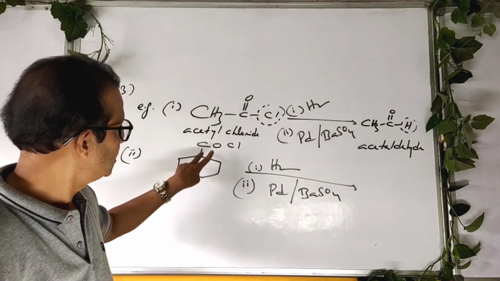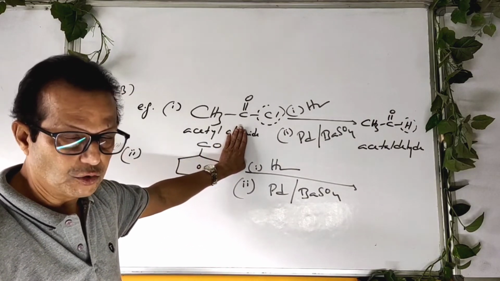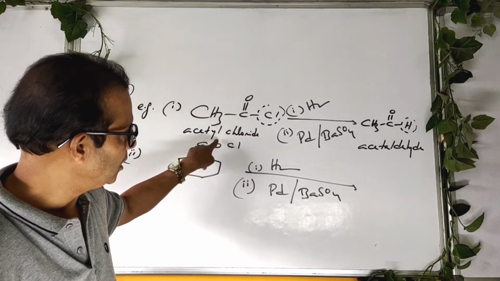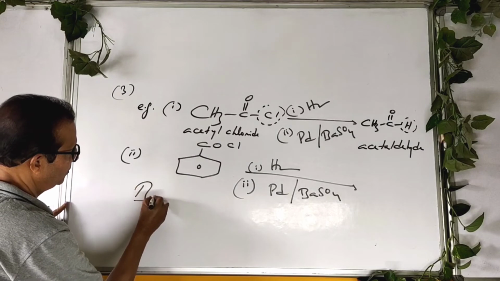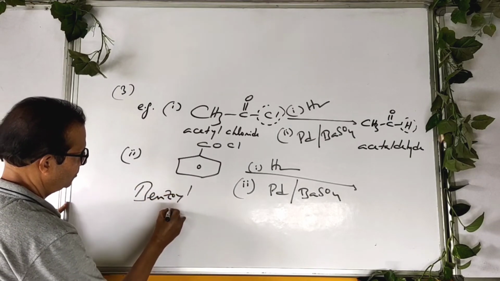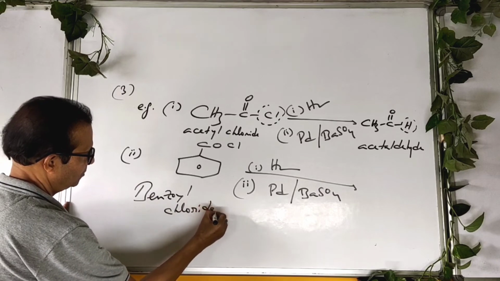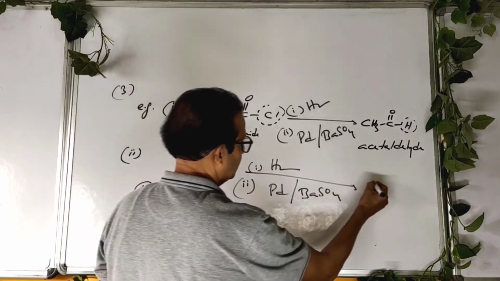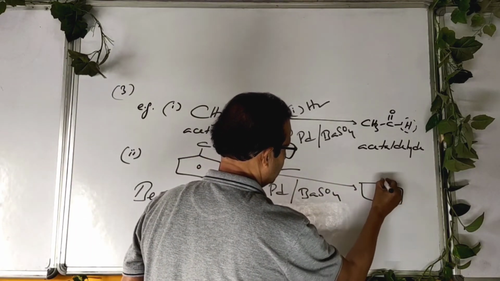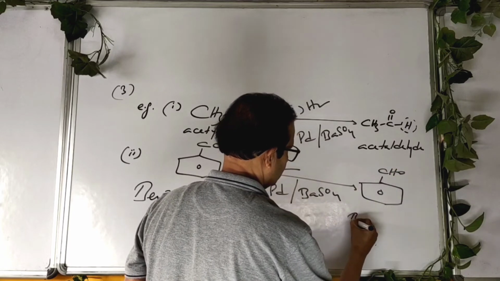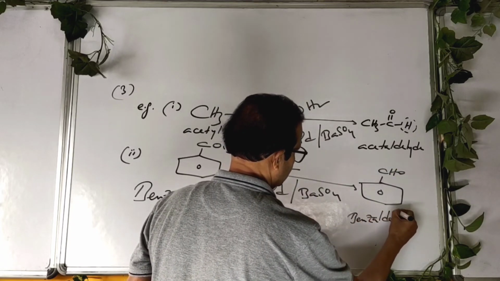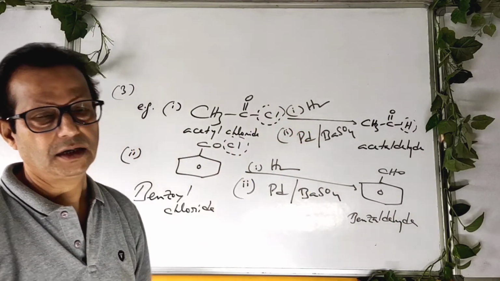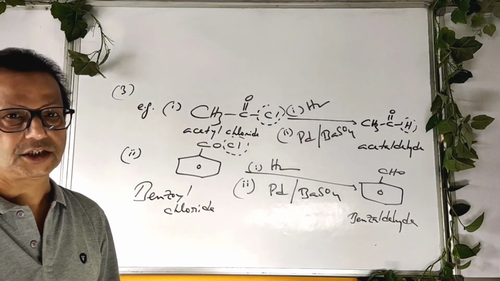If benzene contains CO group, that's called benzoyl. So it is benzoyl chloride. So you get benzaldehyde. These are the examples of Rosenmund reduction.